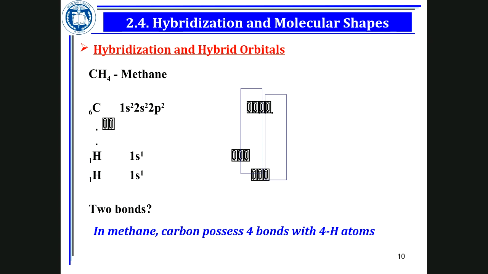So the s orbital from carbon, for example, and the p orbital from carbon are going to form a mixture of the two characters, s and p, for the hybrid orbital, and we will talk and emphasize on that.